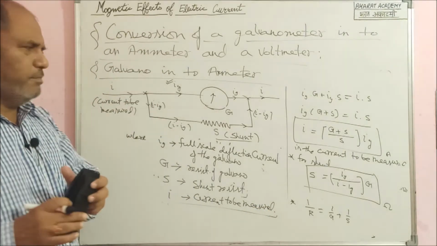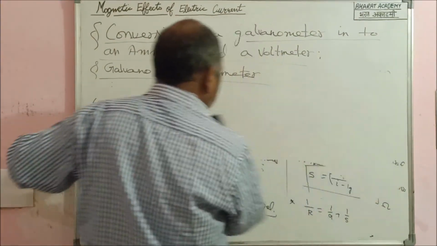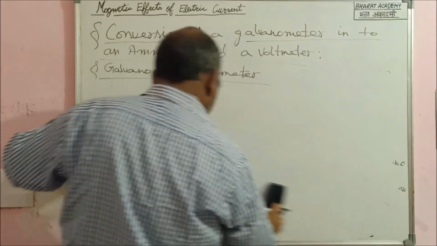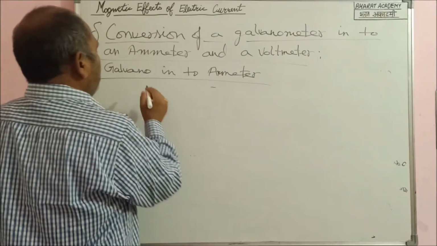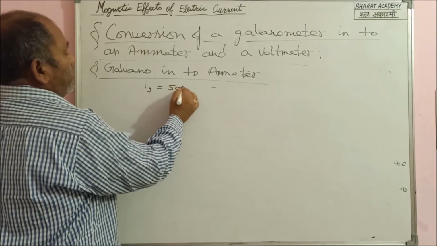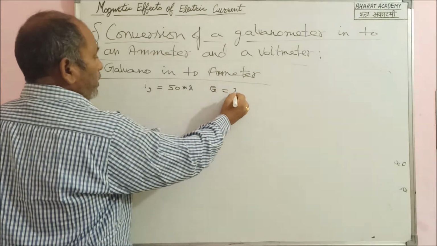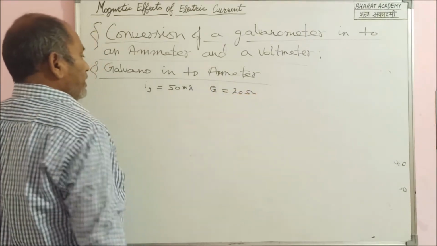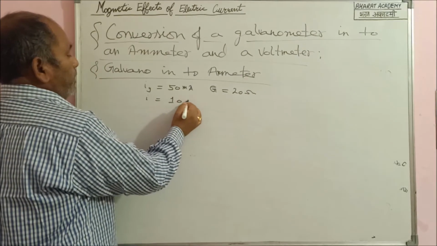Just take one simple question on it and it will make everything crystal clear. It is one of the simplest topics, but most of the time it is there. Suppose I have a galvano whose full deflection current is 50 milliampere. Its resistance is 20 ohm, and I want to measure a current I equal to 10 ampere.